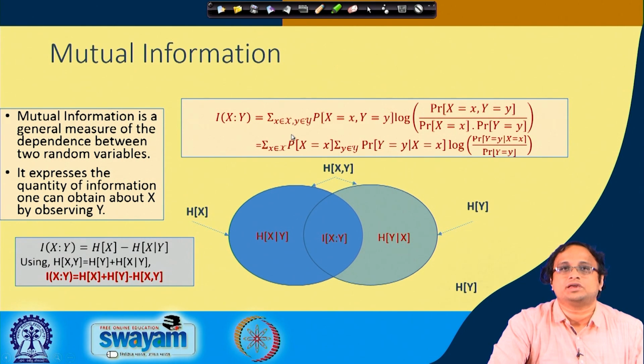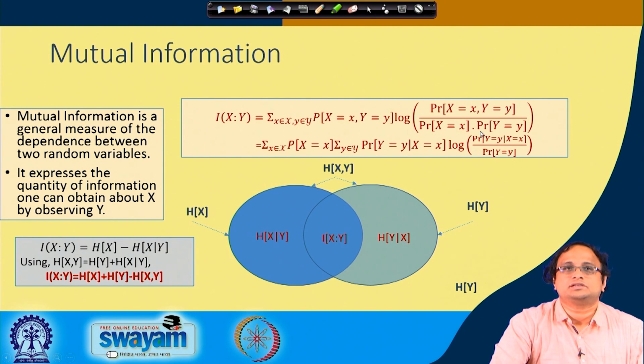So, I(X;Y) you can also define in this way. This is a sigma taken over both x and y, of the probability of X equal to small x comma Y equal to small y, times the logarithm of the probability of X equal to small x comma Y equal to small y, divided by the probability of X equal to small x and the probability of Y equal to small y.